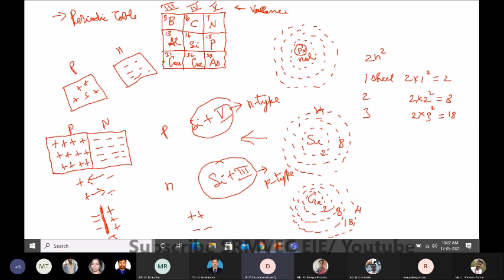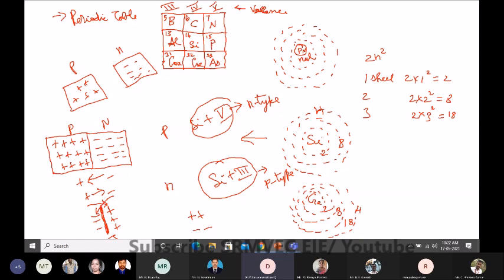So whenever a P type and N type are joined, initially the holes are attracted towards the electrons and the electrons are attracted to the holes. From the P type, holes get inside, and from the N type, electrons get inside.